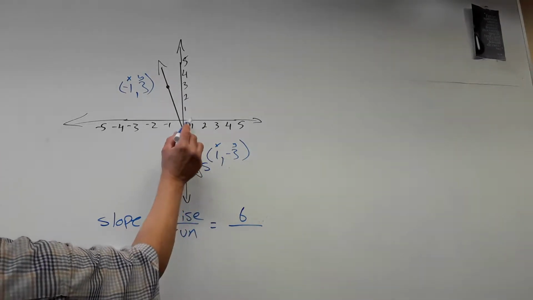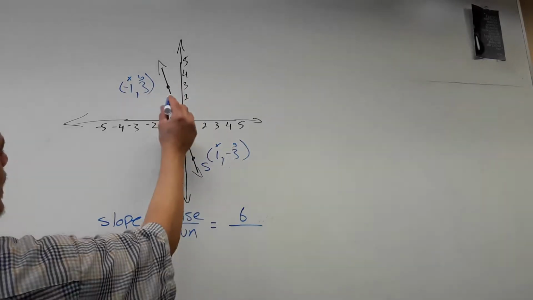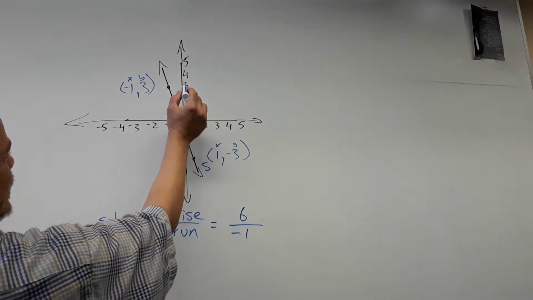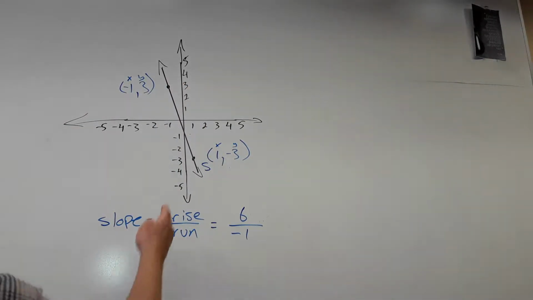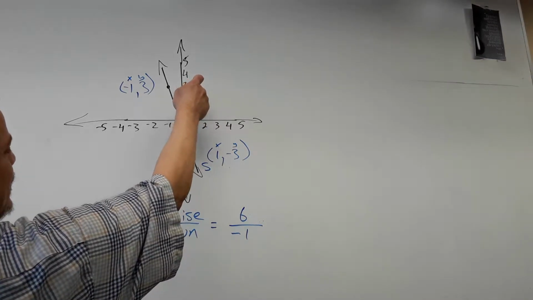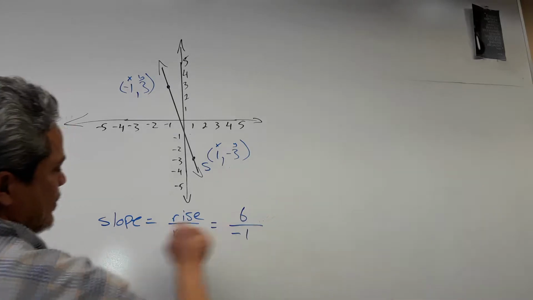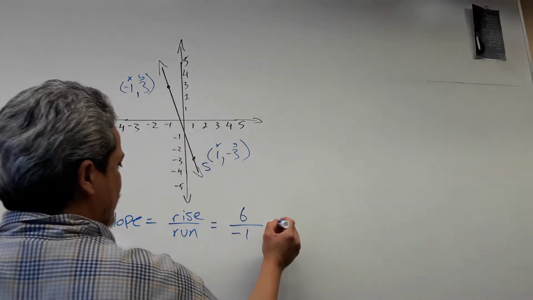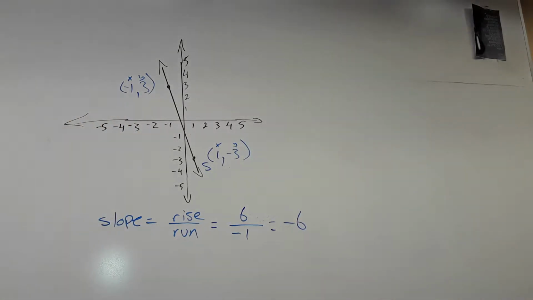1, 2, 3, 4, 5, 6. And the run is negative 1, because it goes this way. So the rise is 6, the run is negative 1, so this is a slope of negative 6.